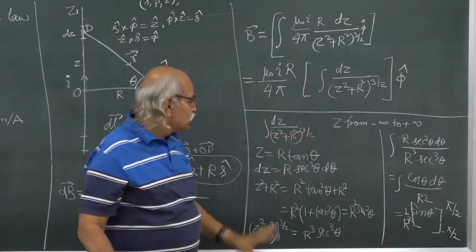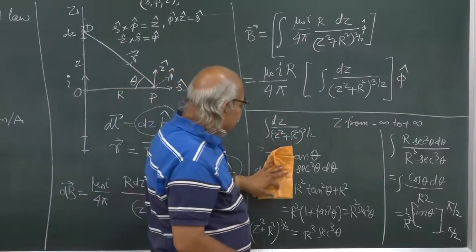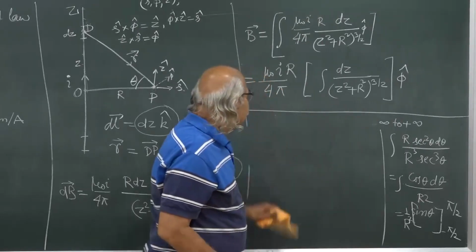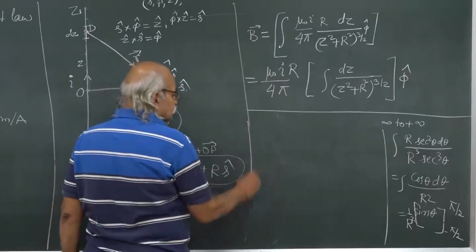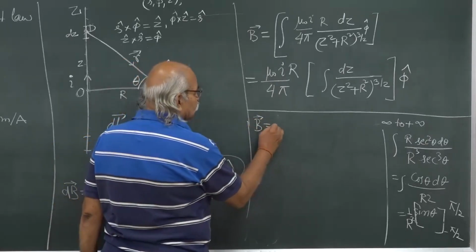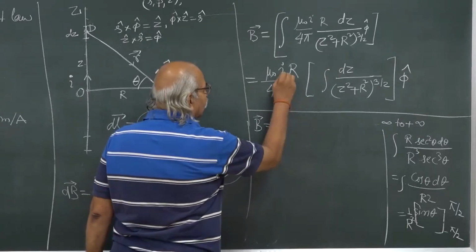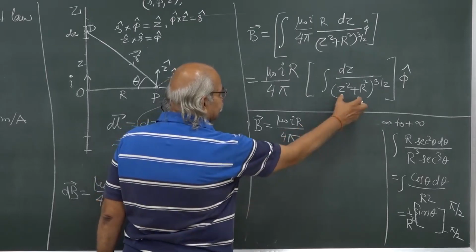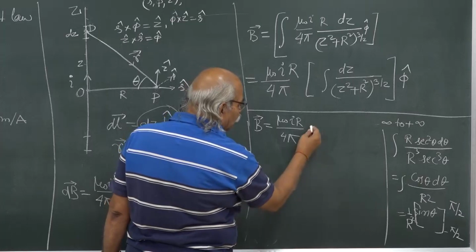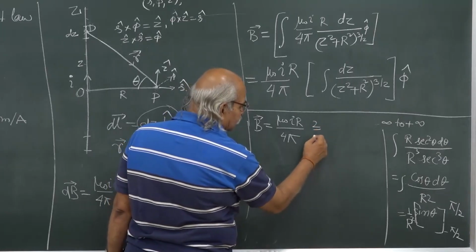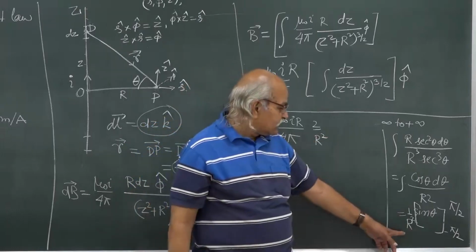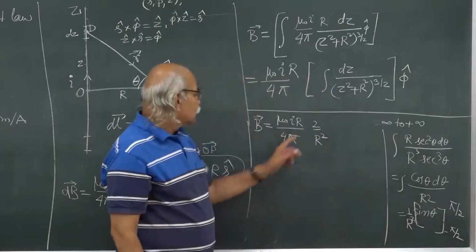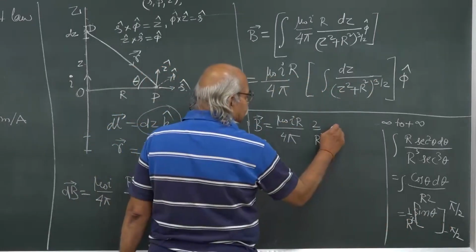So we put those values. I will erase this, make a space, and then write B is equal to mu naught I capital R over 4 pi, then this integration, which is 2 by r square, and this phi cap.